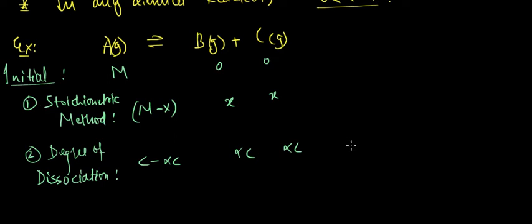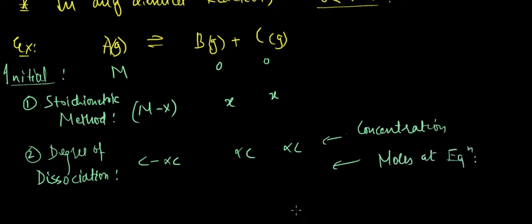It can also be used interchangeably with moles. So if we express it in moles at equilibrium, it can be expressed in the same way as m minus m alpha, and m alpha moles for B and C.